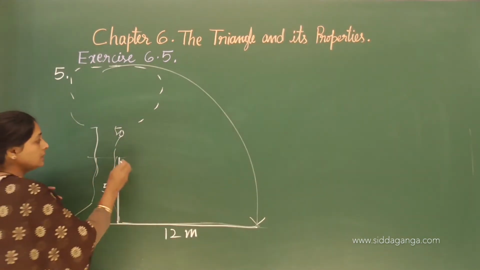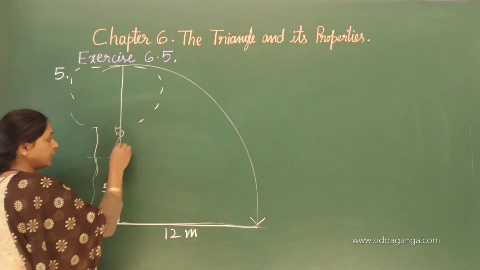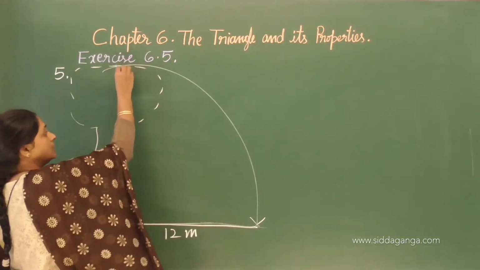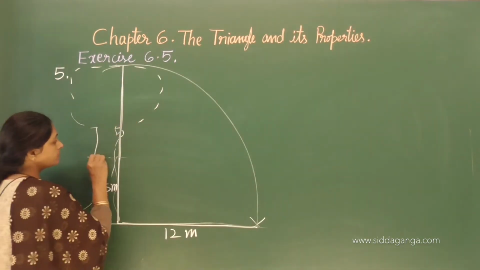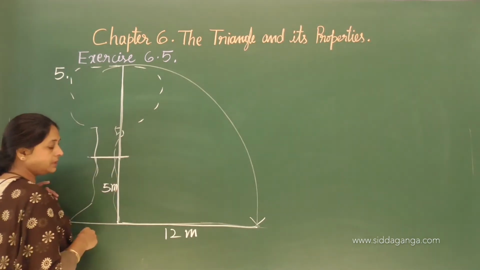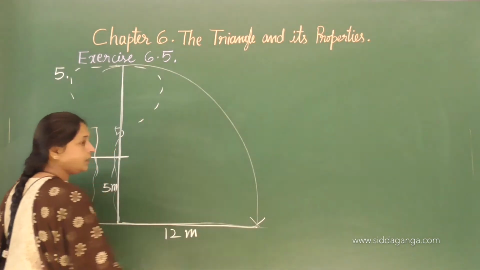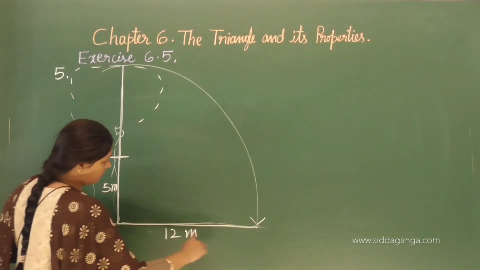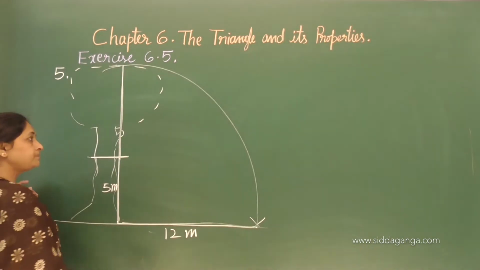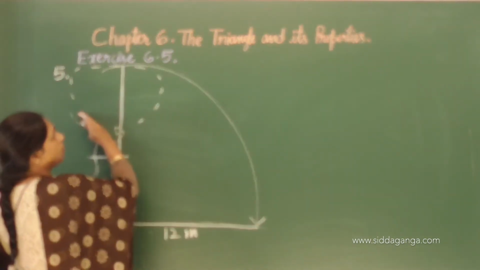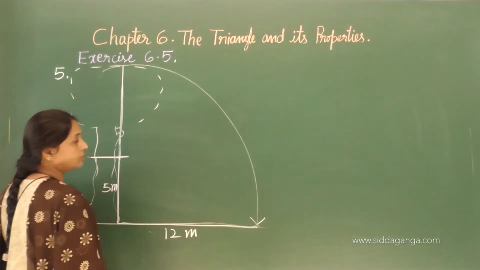By considering this 5 plus this one. So here we have to find the height of the other part of the tree which has broken. Till this point it is 5 meters, and from this point to the point where the top of the tree touches the ground it is given as 12 meters, and we have to find the height of this. How can we find it?